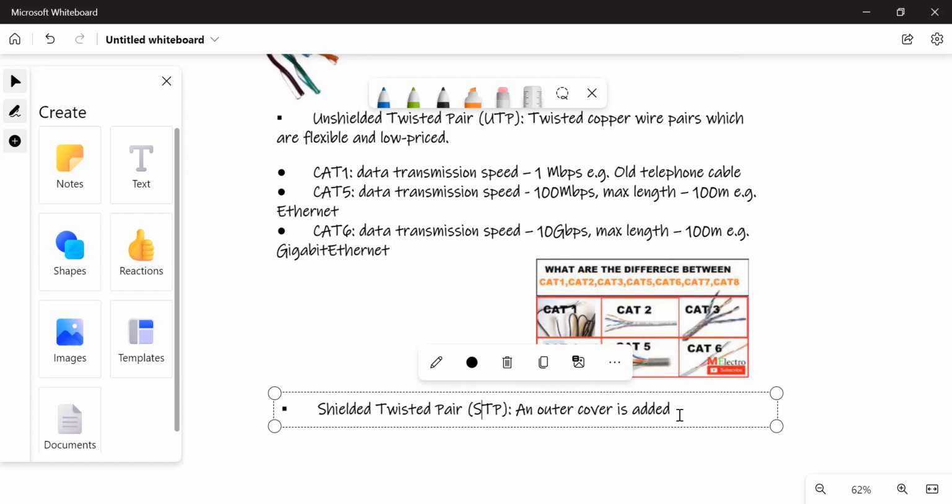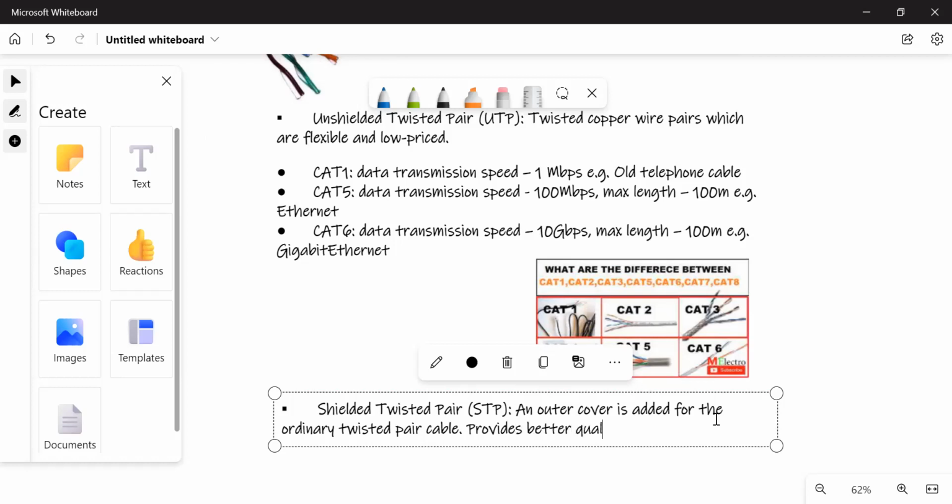An outer cover is added to the ordinary twisted pair cable. This provides better quality and secure transmission, right? Make a note of this.